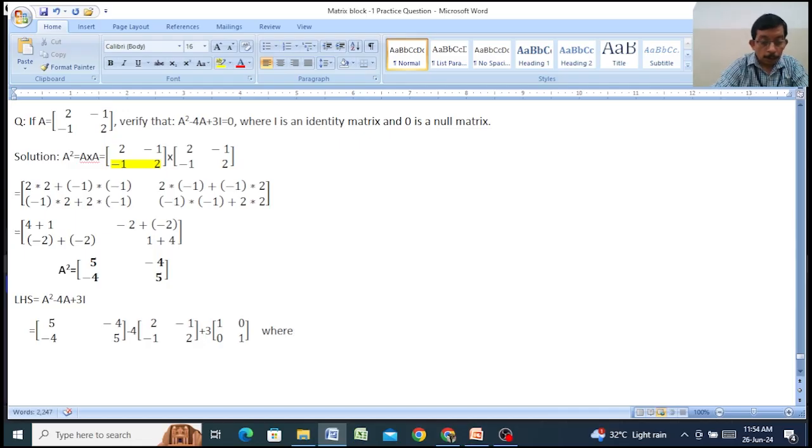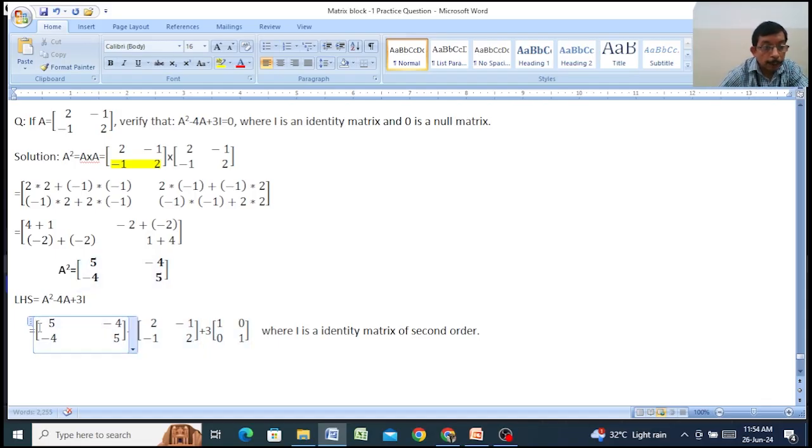Here I is the identity matrix of second order. Is that clear?